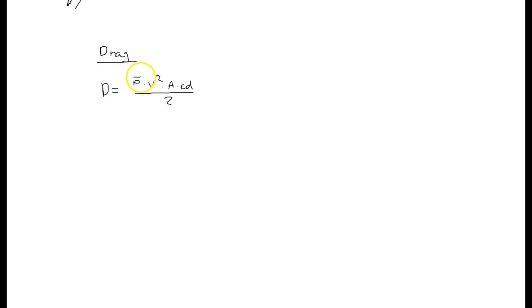P is the density of the air, the medium that the object is traveling through. V is for velocity at a certain instant of time. A is the area of the largest cross-section of the object, where the baseball is the thickest. And CD is something called the drag coefficient.